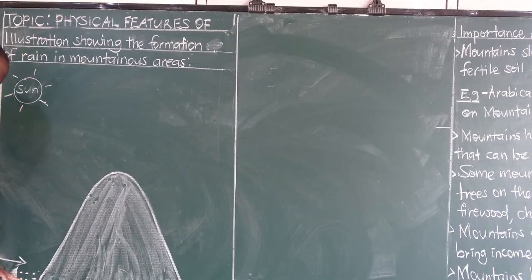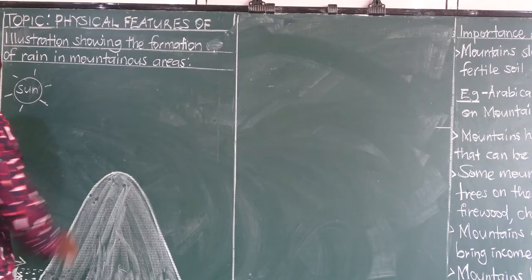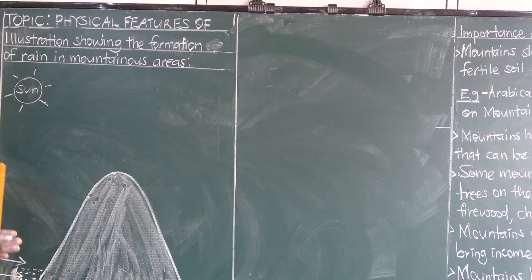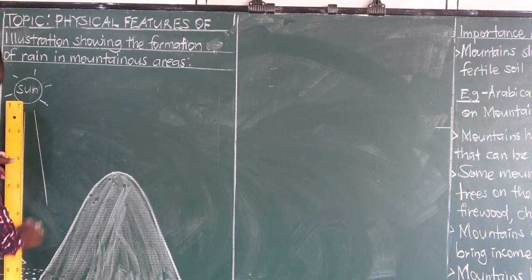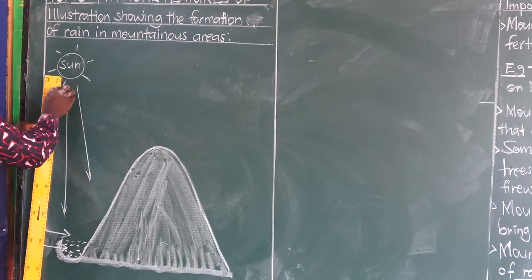When this wind is blowing, it is going to blow across this water body. But when this wind meets this mountain, it will not be able to pass through the mountain. We were having the sun shining here. Remember, the sun always has its arrows and they are always straight.